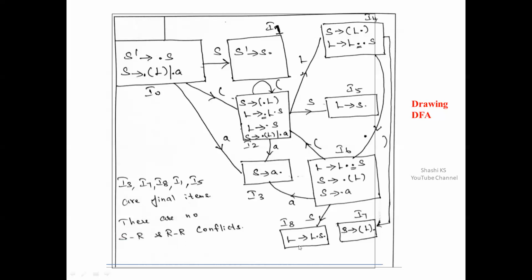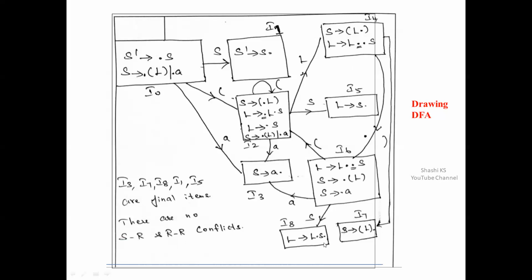Now we get the final item. What is the meaning of a final item? When the entire string on the RHS of the production has been processed, we have a dot on the extreme right end of the RHS of the production. That corresponding LR0 item for every particular production of the grammar is called a final item.